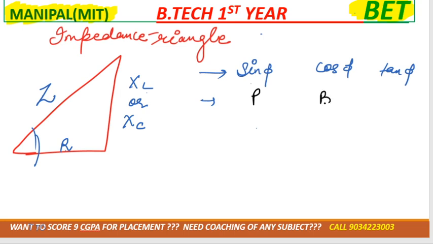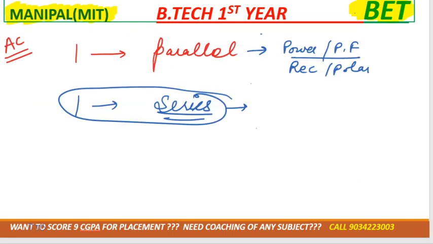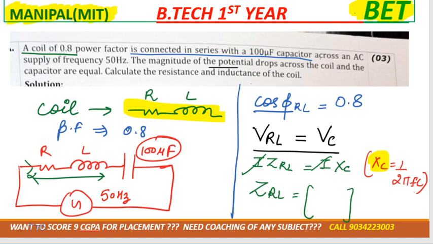Sin phi is how much? Base by hypotenuse is R by Z, and this one is XL by R, right?